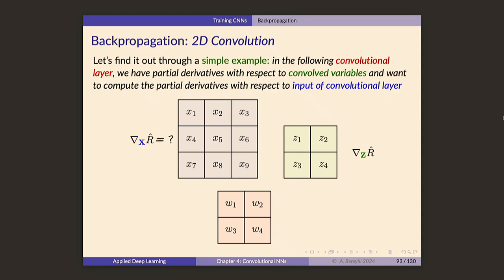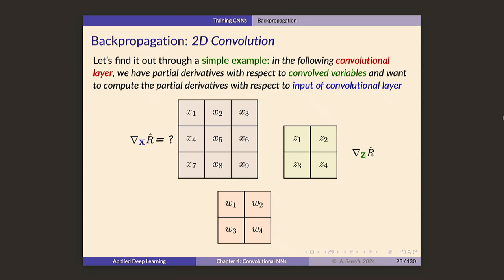So I'm going to write down the partial derivative of my loss with respect to z1 times the partial derivative of z1 with respect to x1. Then I go for z2, so I write down the partial derivative of r hat with respect to z2 times the partial derivative of z2 with respect to x1.